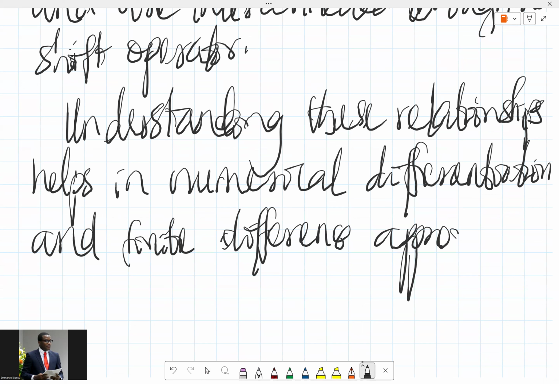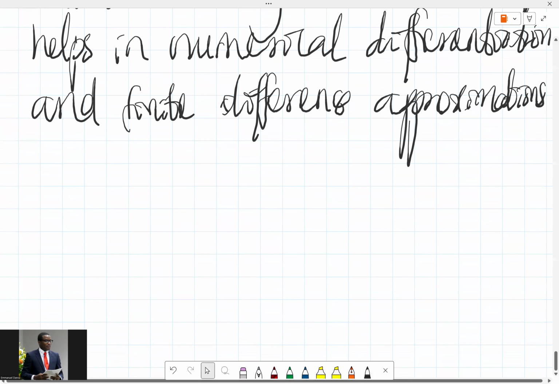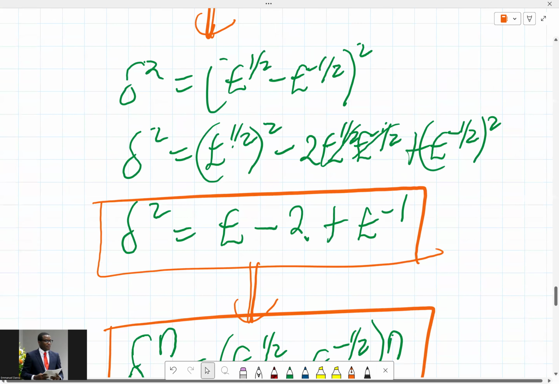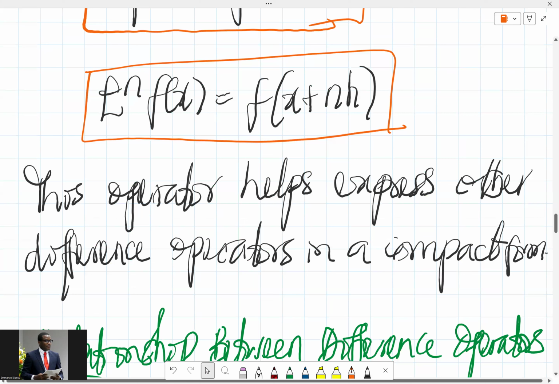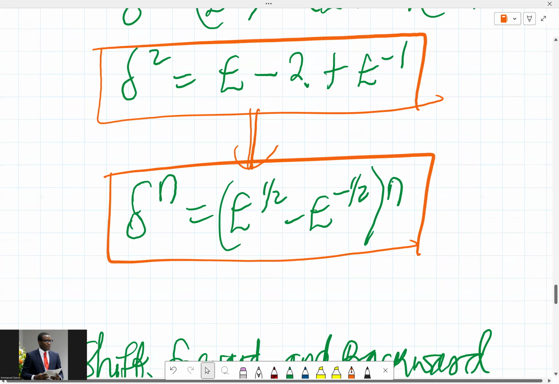We have just established the difference operators and their connections via the shift operator.